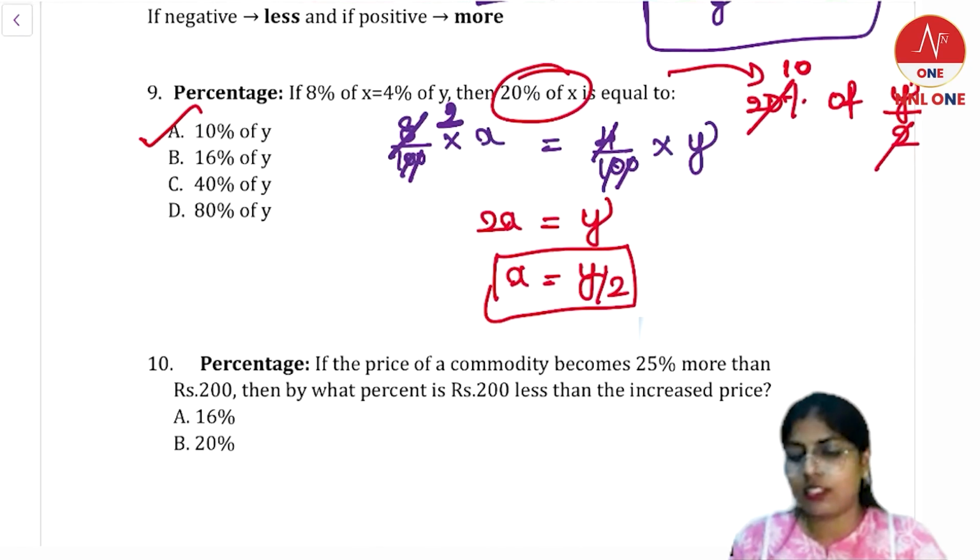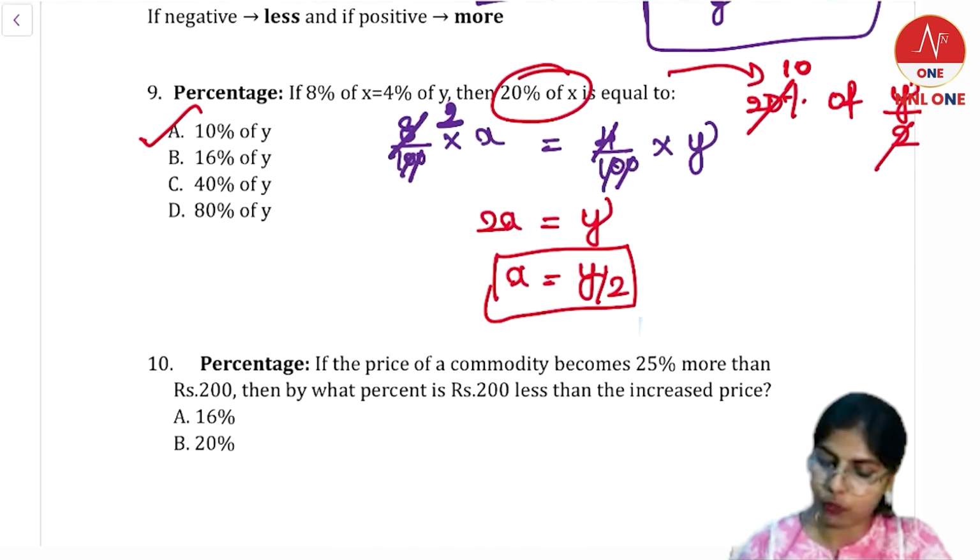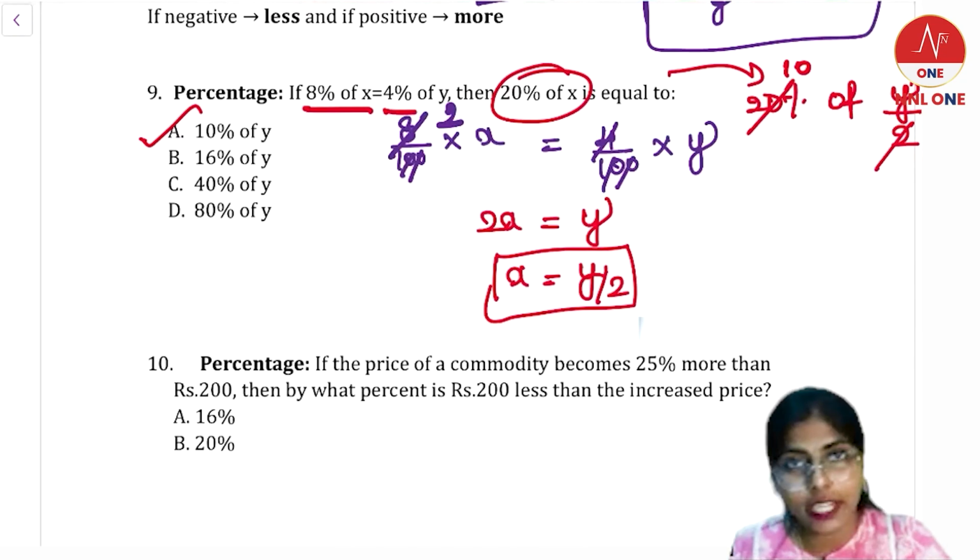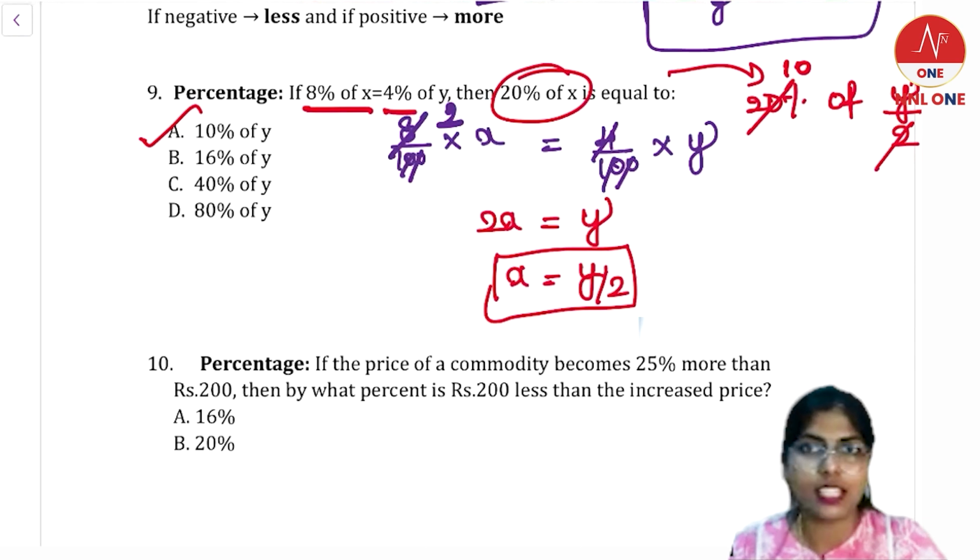Okay, this is the traditional method. How can you solve it with a shortcut? While understanding the question, you can solve this in a shortcut. If 8% of x is equal to 4% of y, half of 8 is 4, right? So half of 20 is 10. That's all. Easy.